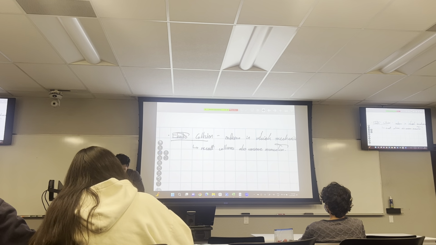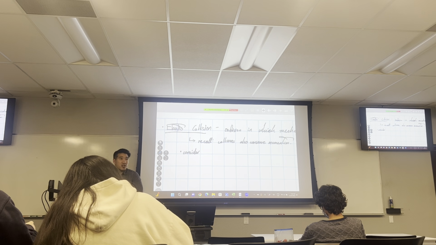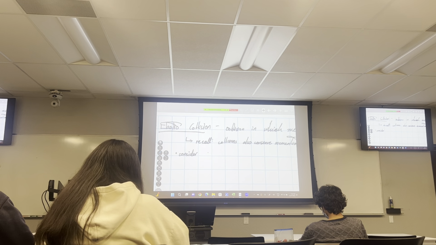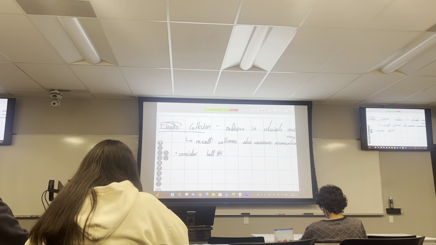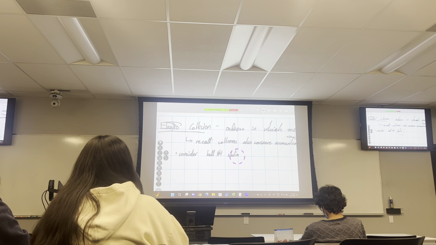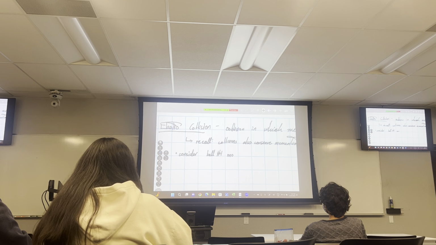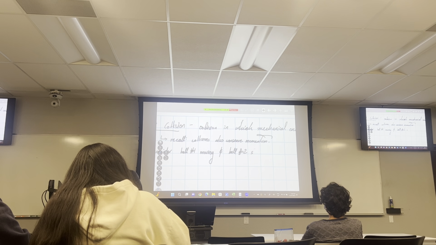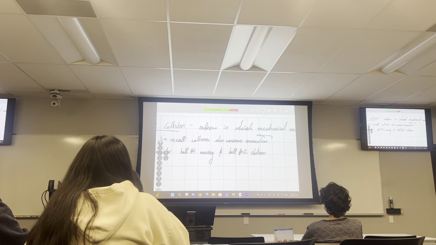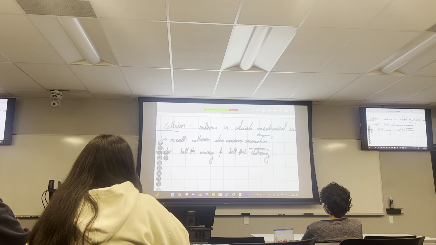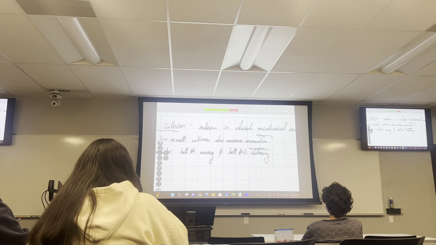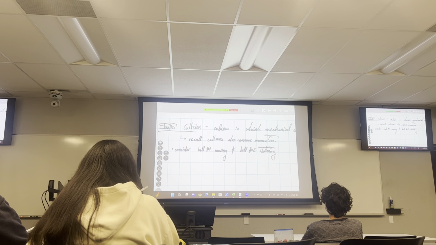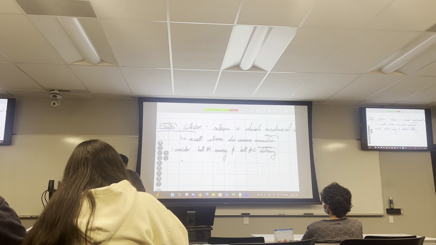So to come up with some expressions to get a full understanding of what's going on, let's consider a specific scenario. Let's say ball number 1 is moving, and ball number 2 is stationary. Well, from here, we can apply conservation of momentum to our scenario because it is a collision.